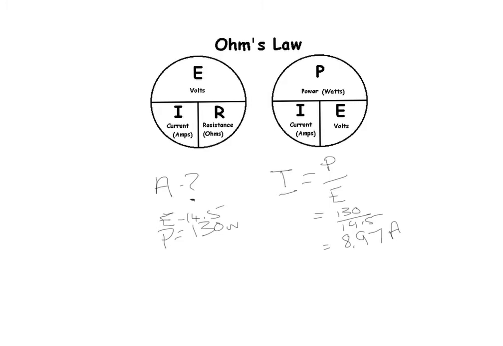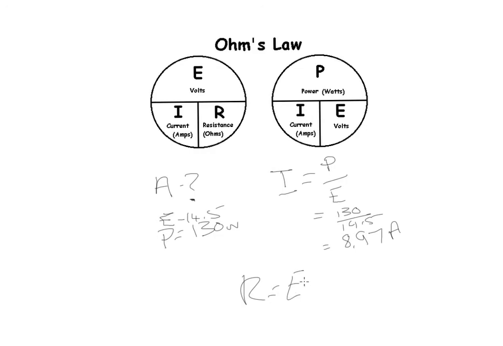So how could we find the resistance? We could take our newfound intensity value and plug it in, because we know the energy and now we know the current, and we can find the fourth unknown, which is resistance. That would be simple.